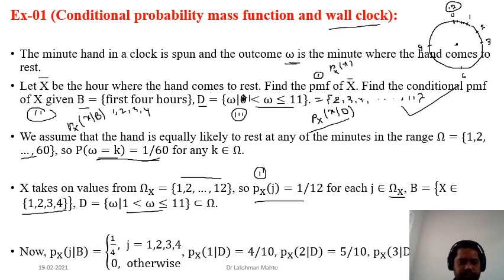First we will try to find out the probability mass function of X given B. The probability mass function of X given B would be 1 by 4 if j equals 1, 2, 3, 4. Otherwise, it will take 0. So who would like to comment on how it is coming?